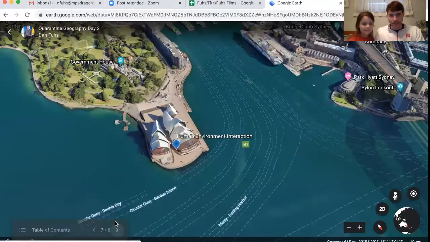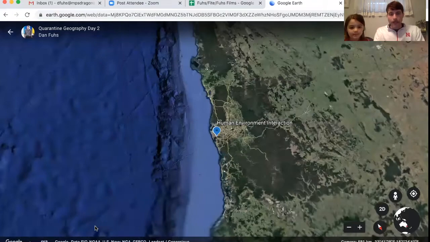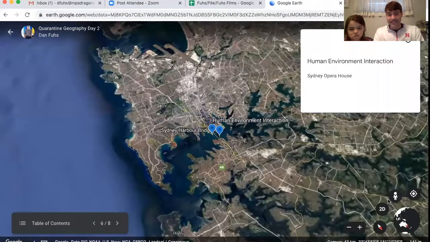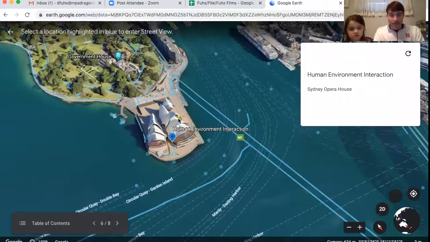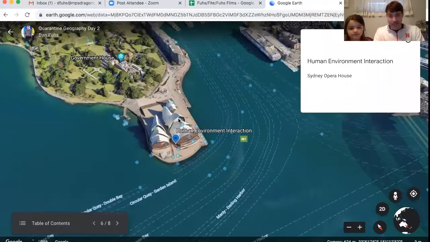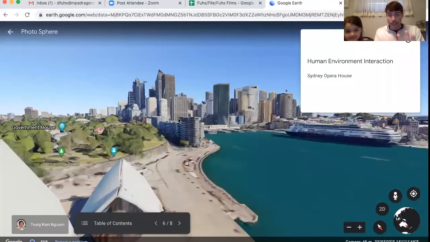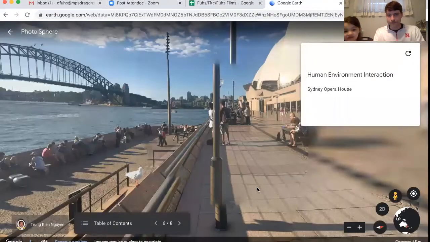All right, let's check it out. The Sydney Opera House was built way back in the 1970s, but still very well upkept, as you're going to see here. Whoa, let's go inside. We went outside.